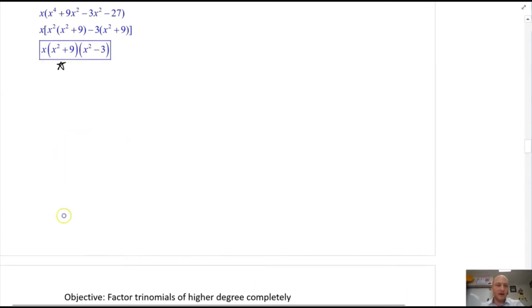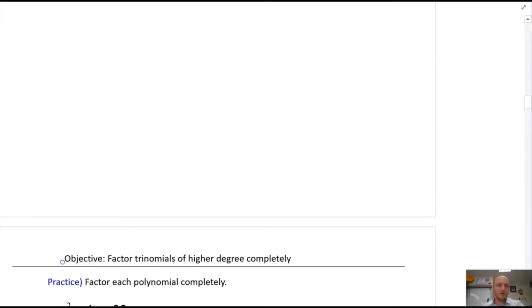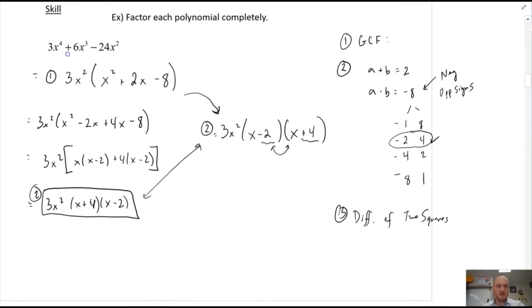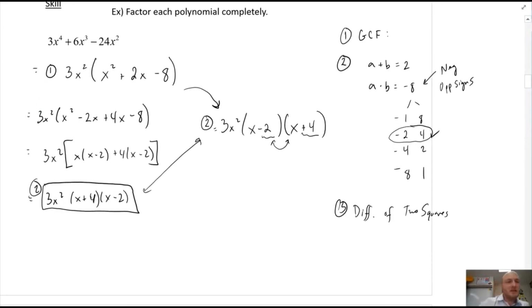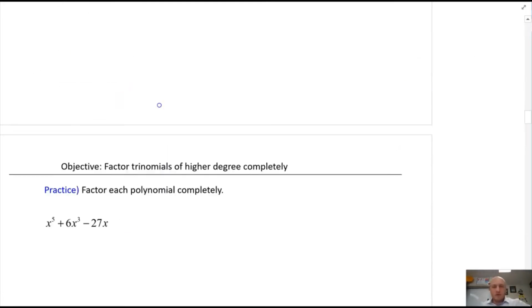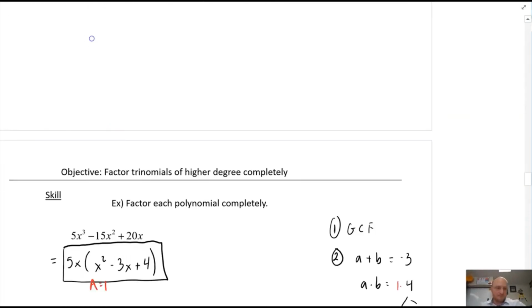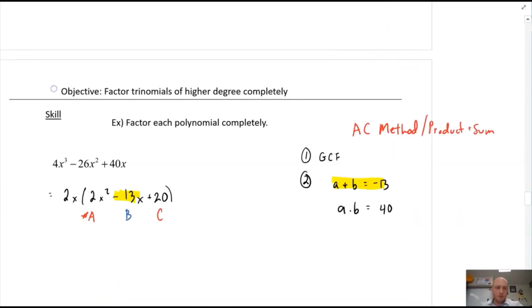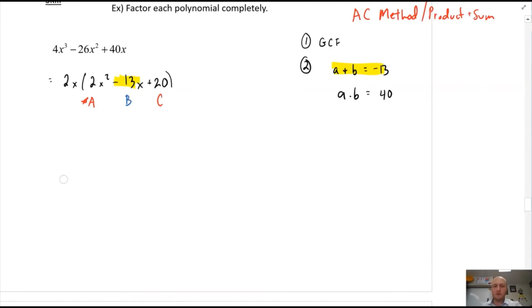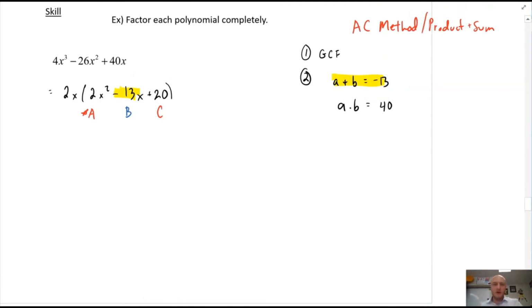And if I go back up here to this example, my A value here was 1. So 1 times -8 is still -8. Okay, so when you do have a leading coefficient, you have to go ahead and multiply that. So just be aware that when your trinomial has a leading coefficient, you have to do it this way.